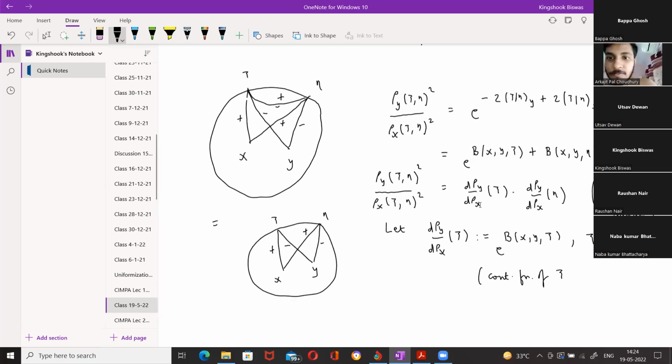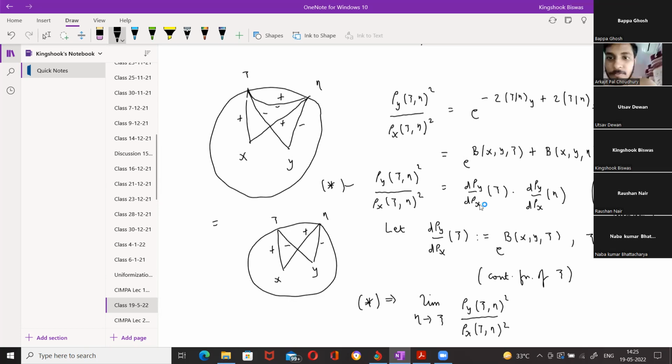Okay. So in this equality, what happens if I let's say eta tend to xi? Then star implies that the limit as eta tends to xi of rho y(xi, eta) squared over rho x(xi, eta) squared. So this xi is fixed as eta tends to xi.